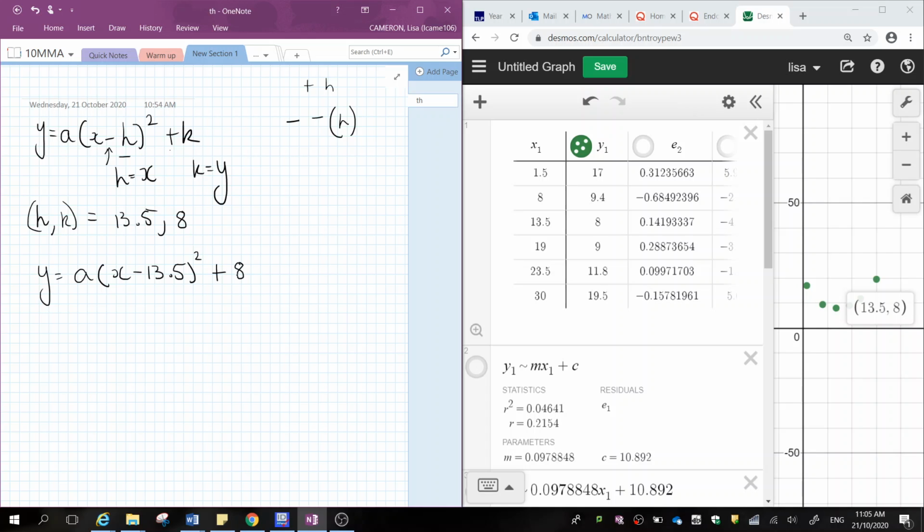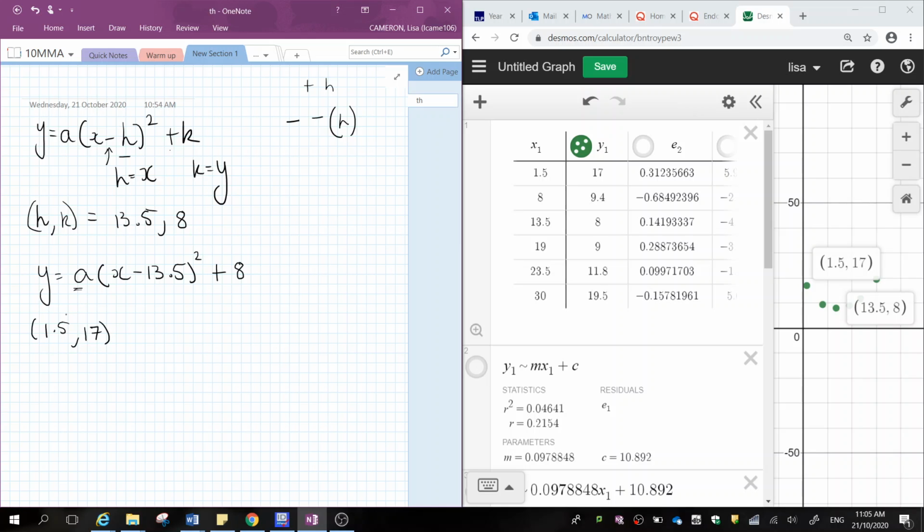So the next thing I'm going to do to figure out the a value is pick another coordinate and substitute those values in. Then I'm going to rearrange it to work out what a is. The next coordinate I'm going to pick is 1.5 and 17.